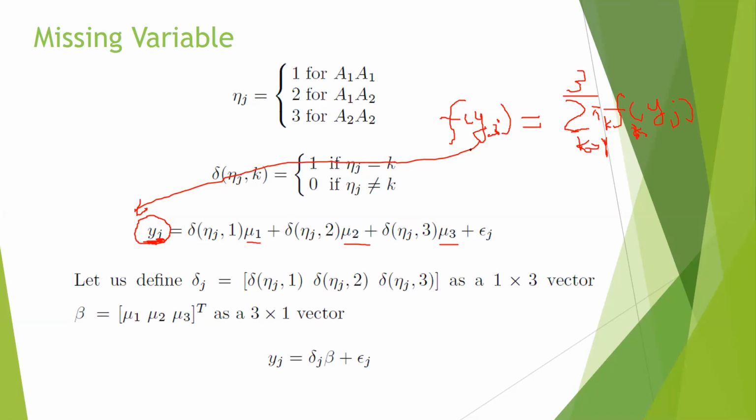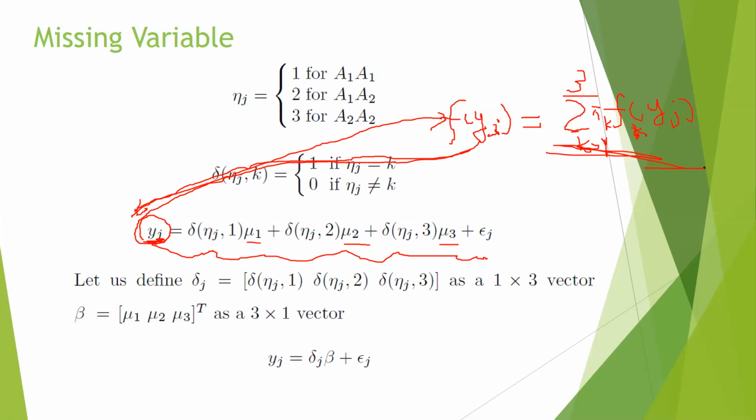So that's the link between this and this. This is the original model. Once this is defined, we can use the probability density function to get the mixture density. Is that clear?